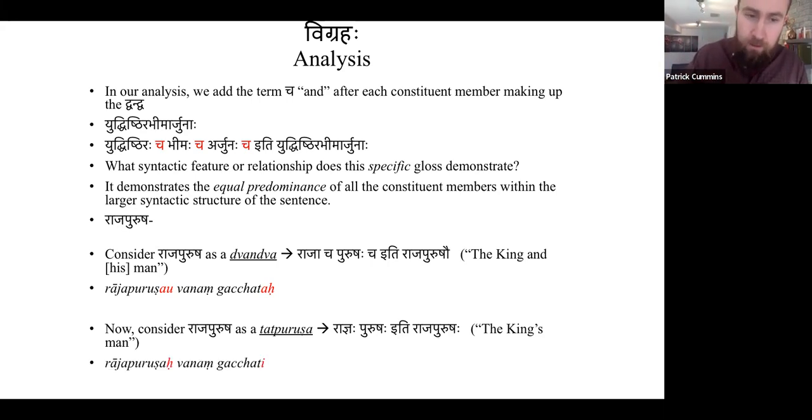And so if I were to say rāja-puruṣaḥ goes to the forest, meaning rāja-puruṣa as a tatpuruṣa, notice the inflection here. Nominative singular, not nominative dual. So the king's man goes, gacchati, to the forest. The king may or may not also be going to the forest, but that's not encoded in the language.